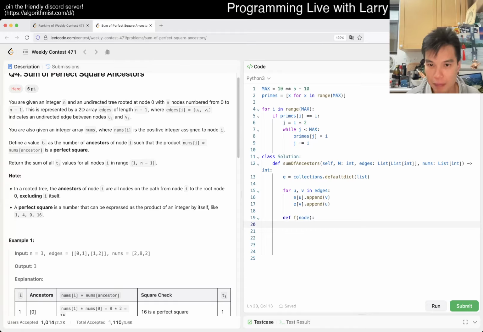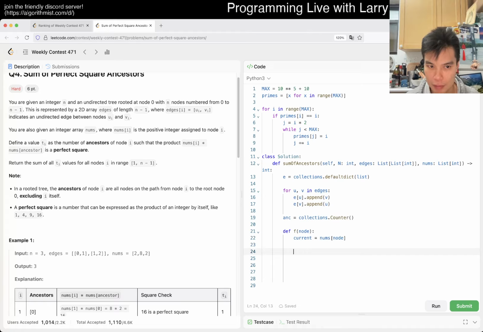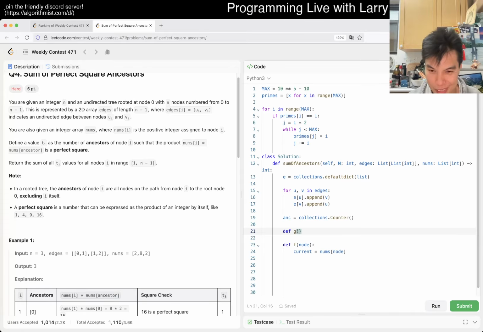Okay. So the current is, let's just say we have ancestors. Yeah, okay. So then now we have to get the prime of the x, right?